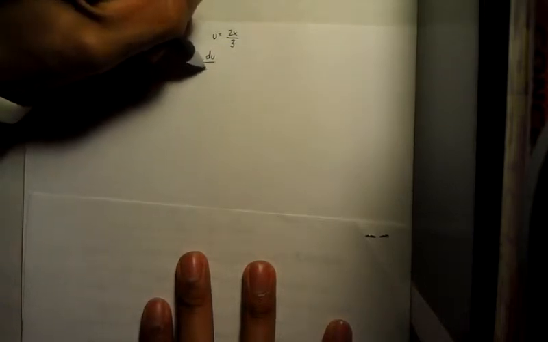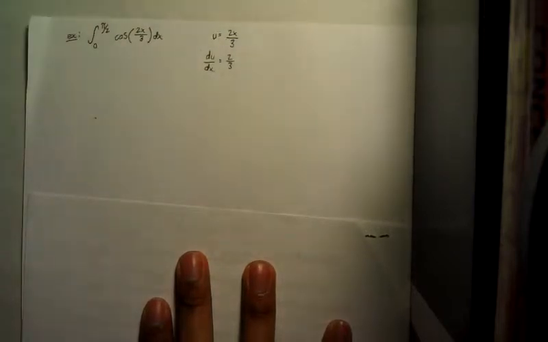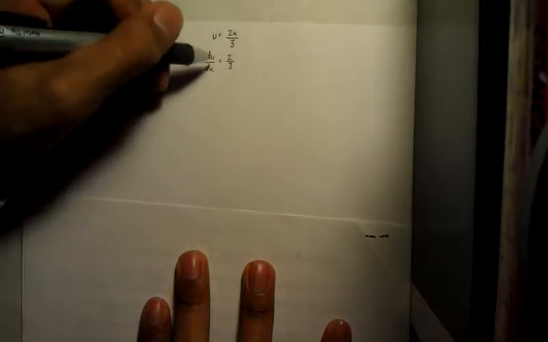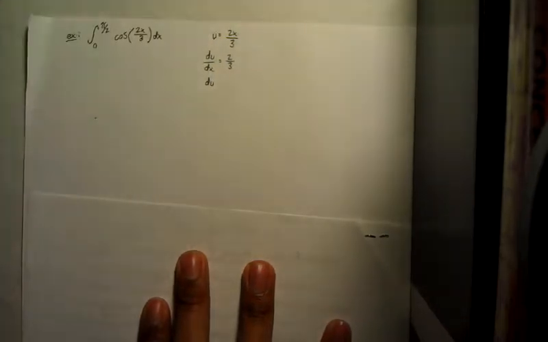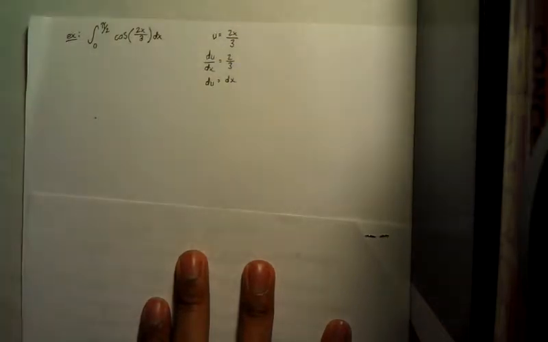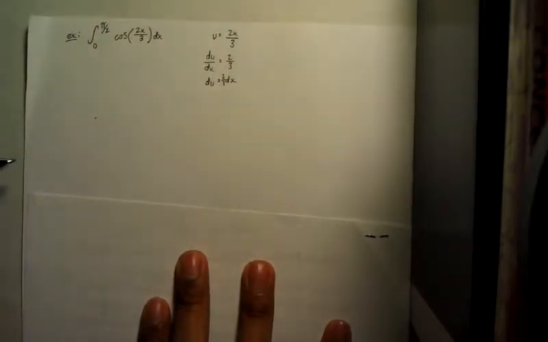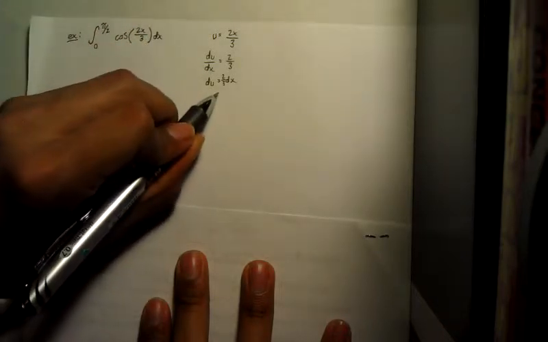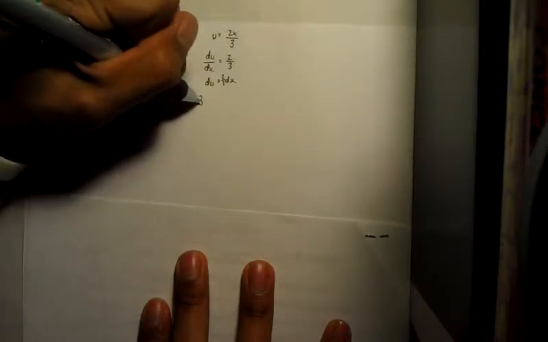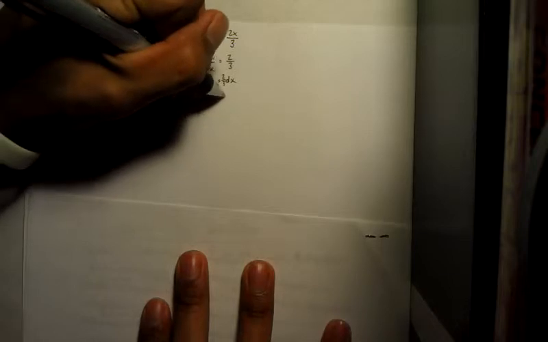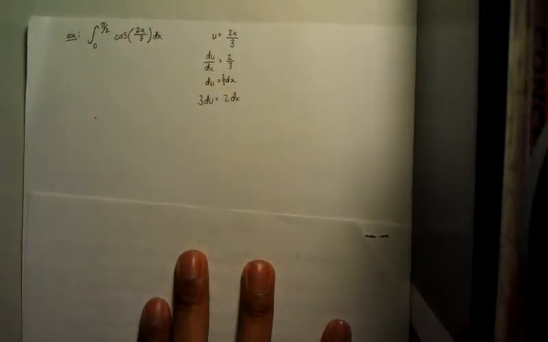Take the derivative, and you get 2/3. Bring your dx to the other side. You can multiply both sides by 3, so you get 3 du equals 2 dx.